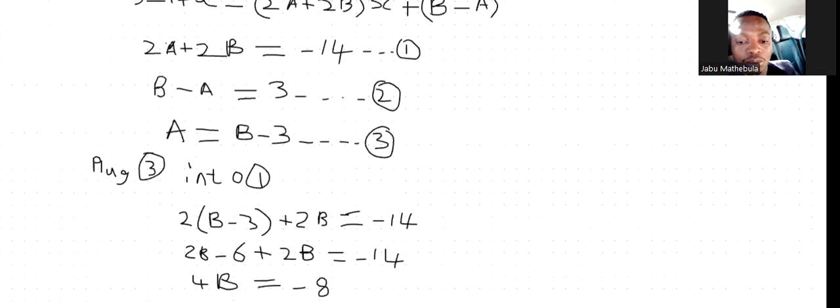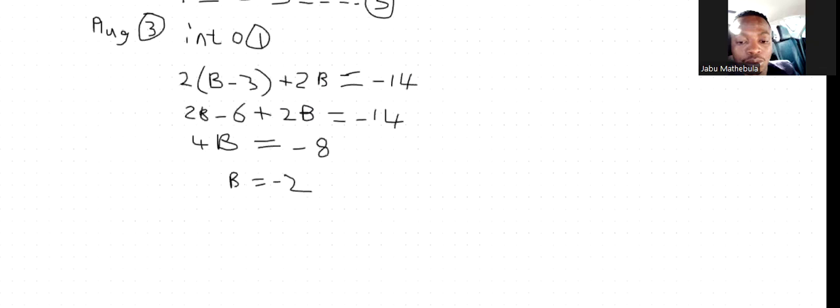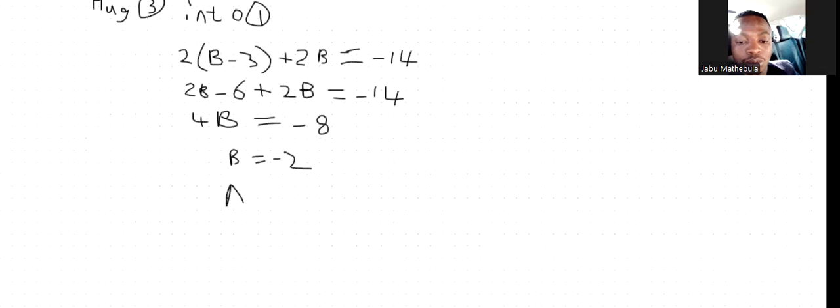Equation 3 says a is equal to b minus 3, okay? But b is negative 2. Negative 2 minus 3. Therefore, a is equal to negative 5.